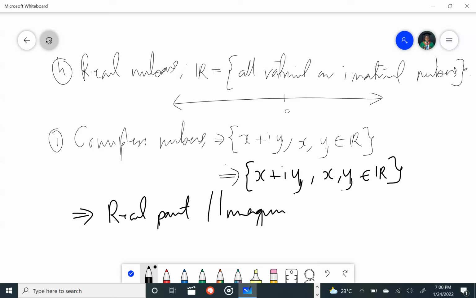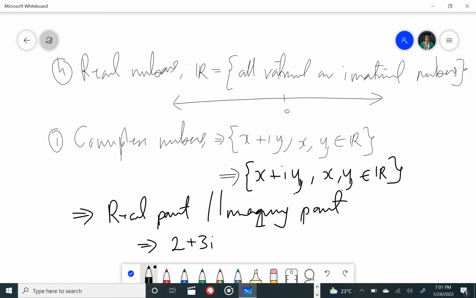But we'll discuss this in more detail. The part which doesn't have the i, that's the real part. So for instance, if we've got 2 plus 3i, whichever, you see that the one that doesn't have i, that's the real part. Then the other part with i, that's the imaginary part. So basically, these are the groups of numbers that we'll be looking at.